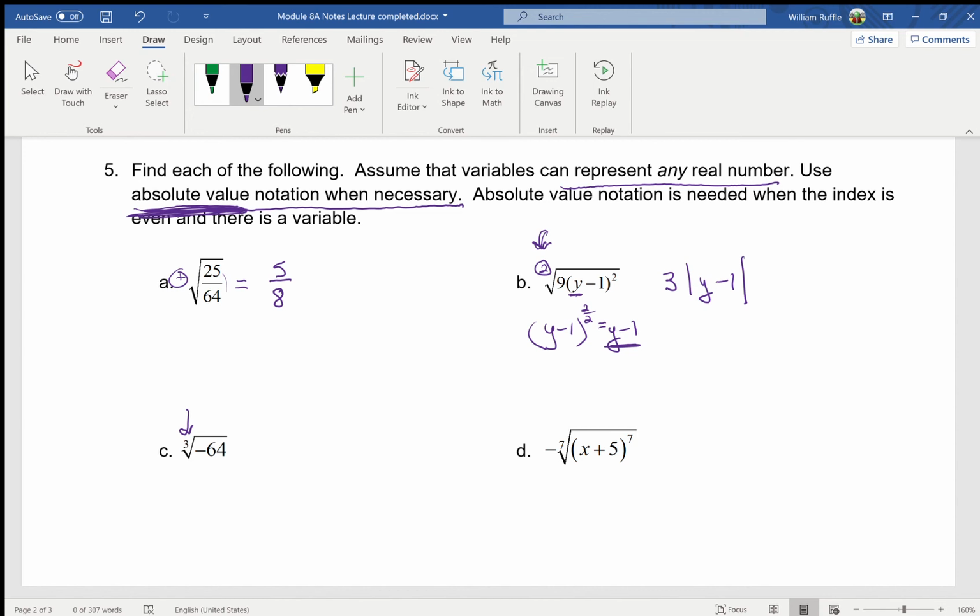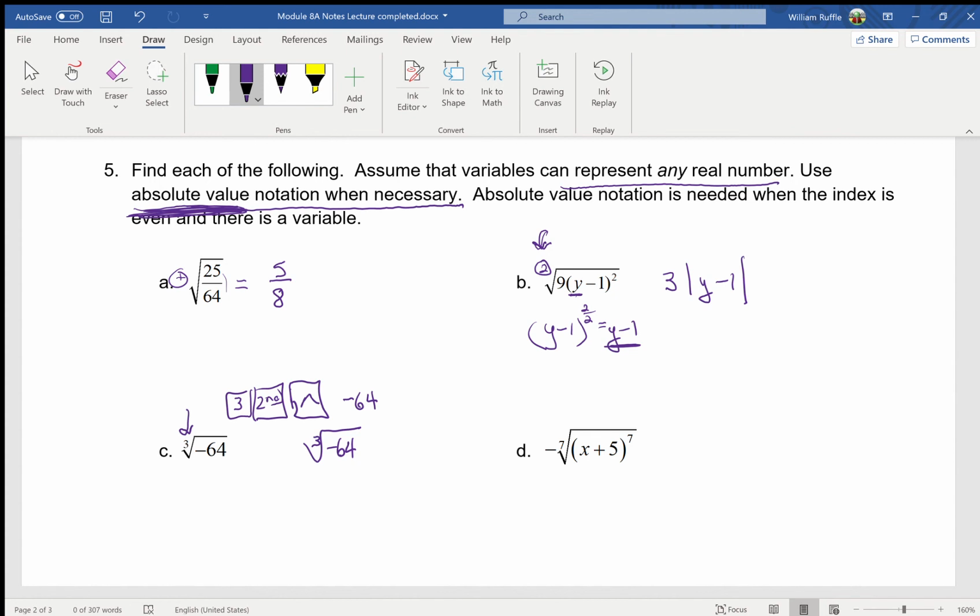Now, it depends on which calculator you have. If you have the TI-30X Multiview, like I try to tell you to use, you got to type the 3, then you got to use the second button, and then you got to hit the raise to the certain power button, and then you would type -64. And when you type this, it should look like the cube root of -64.